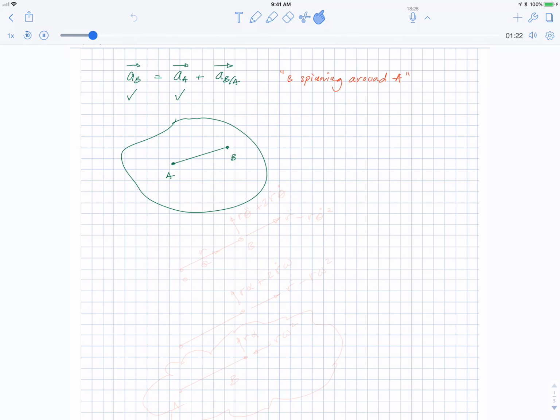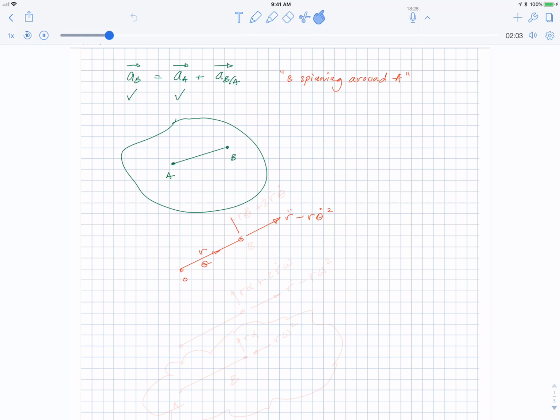And so first of all, I want to write down what these things are in general for polar coordinates. So if you have, that's the origin, and that's B, and let's call that R, and let's call that theta. We know from particle kinematics that this acceleration here is R double dot minus R theta dot squared, which is the same as V squared over R. But since a positive direction for R is outwards, we have to put negative because the centripetal acceleration is always in.